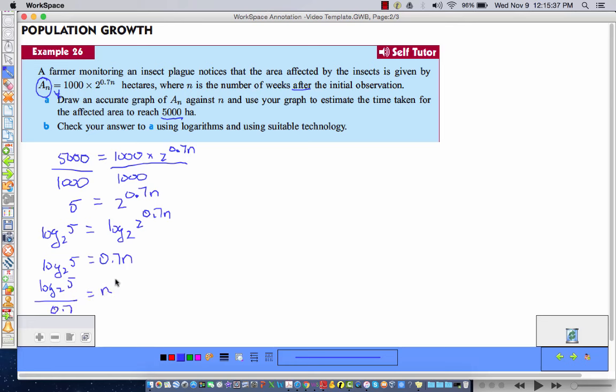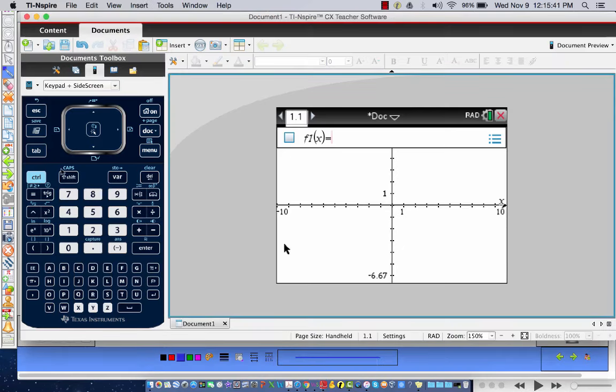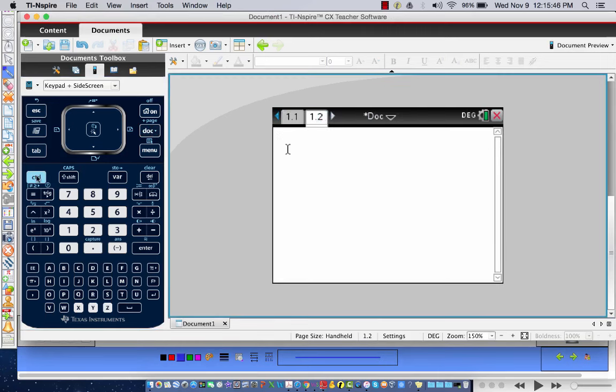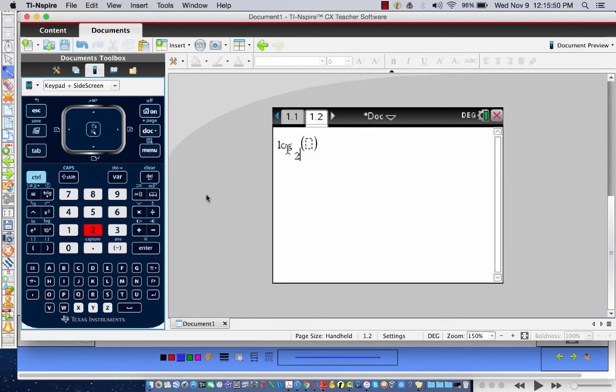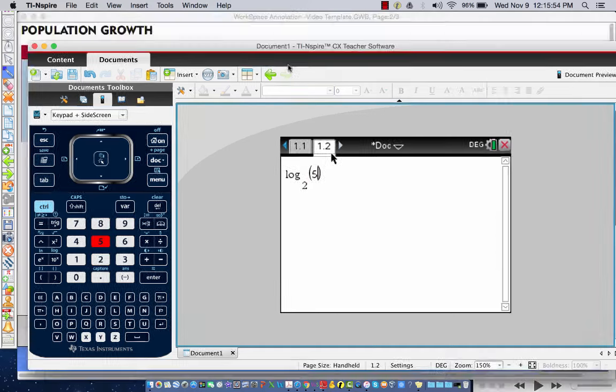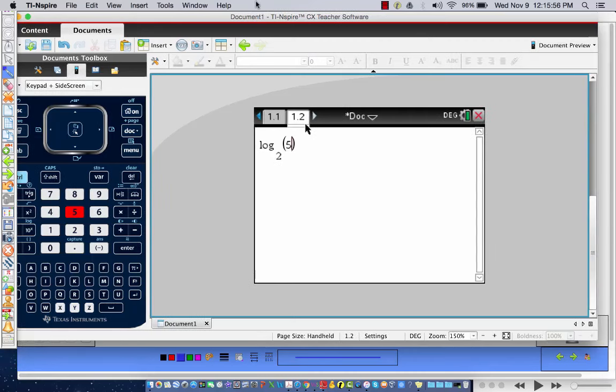Then we will use our calculator. Let me get a calculator page here. Log base 2 of 5, divided by 0.7, is going to equal 3.317.